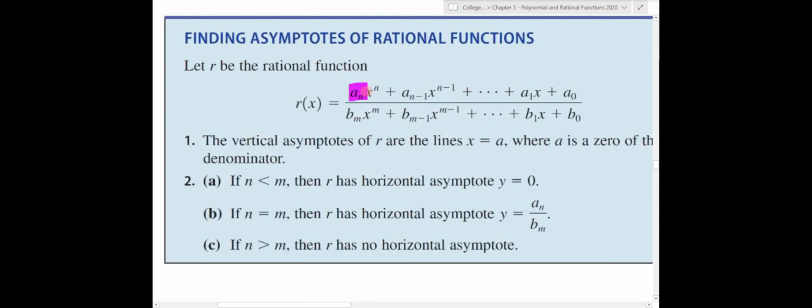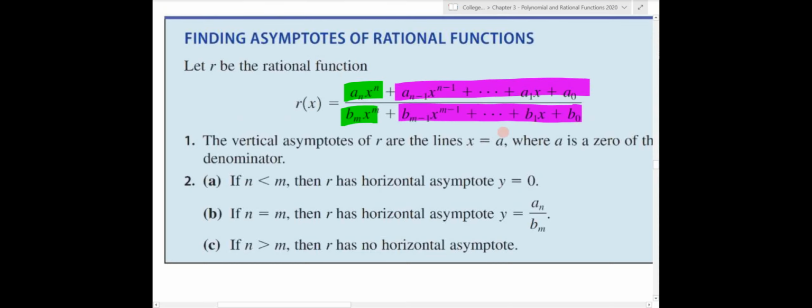What we're going to find out is that that term and that term dictate 100% of the time what your horizontal asymptote is. Those are your leading terms, right? All of these other things are negligible when x becomes really, really big.